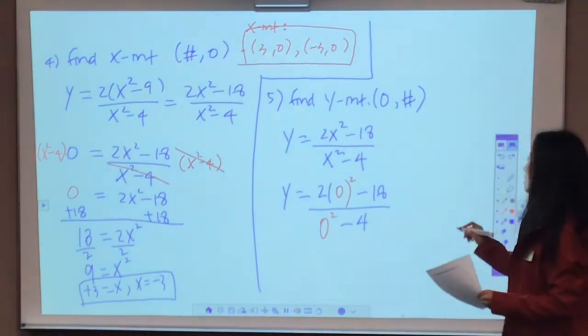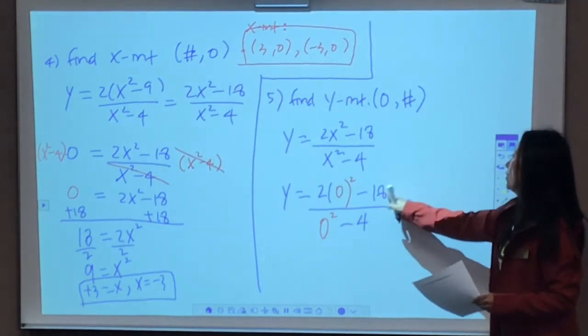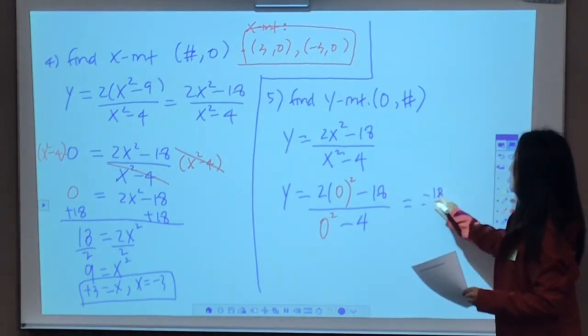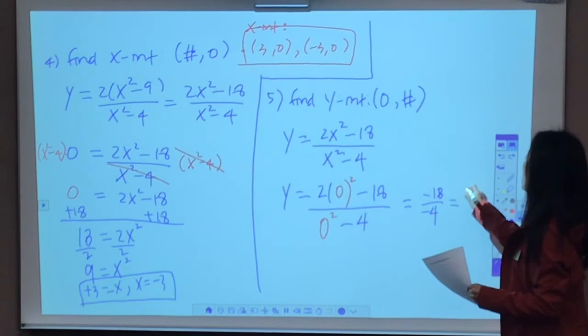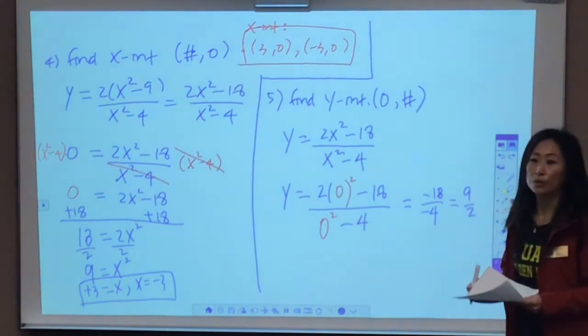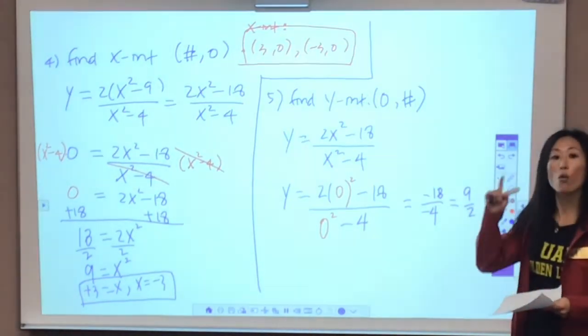Is everybody with me? So we get negative 18 over negative 4, which is the same as 9 over 2. So I have one y-intercept.